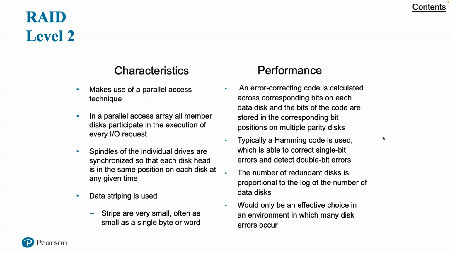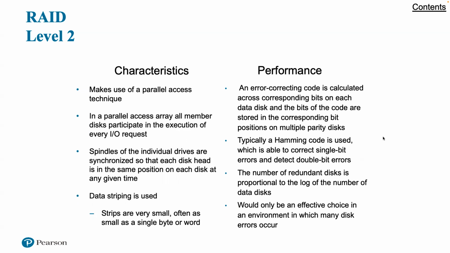Okay, 0 and 1 are common. The next handful aren't so common. So, characteristics: it makes use of a parallel access technique. In a parallel access array, all member disks participate in the execution of every I/O request. The spindles of the individual drives are synchronized so that each disk head is in the same position on each disk at any given time.